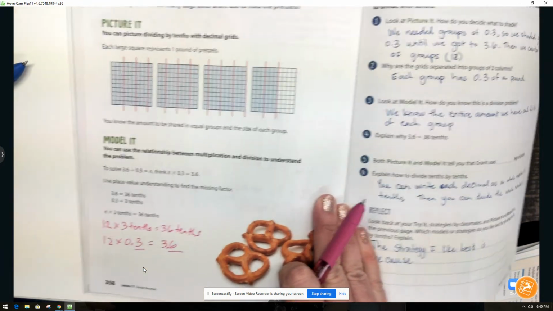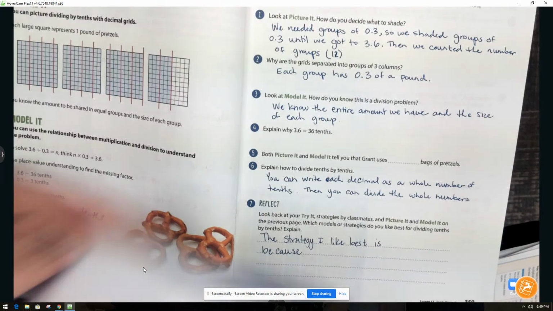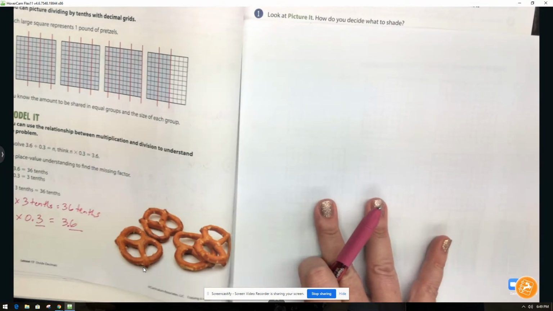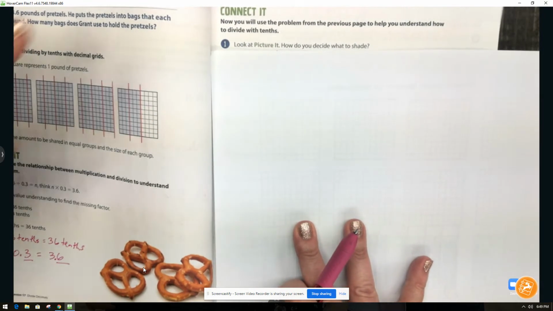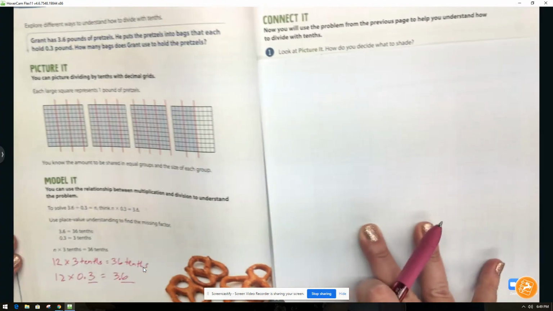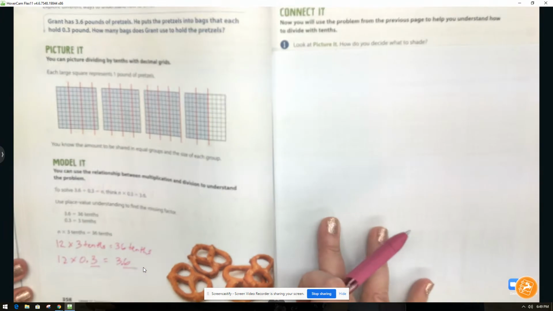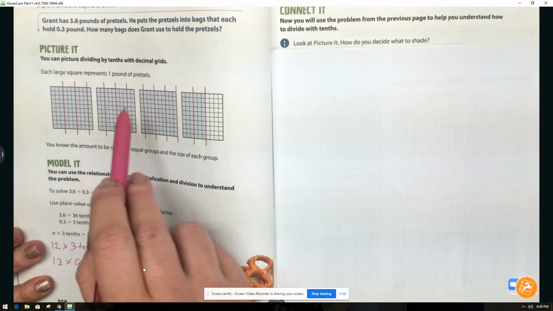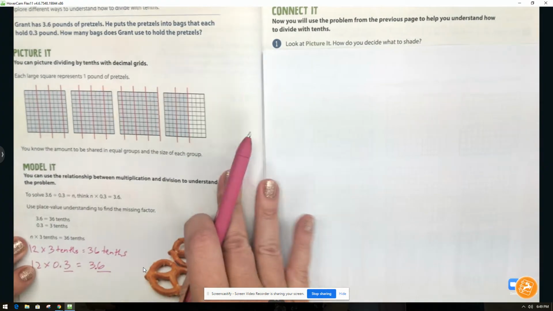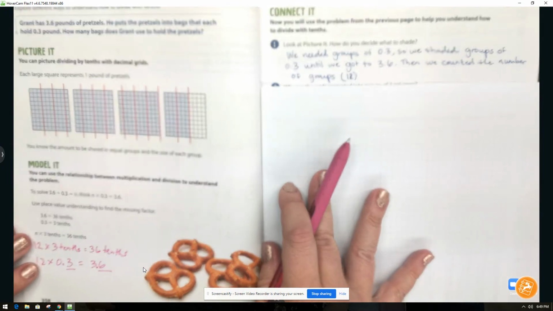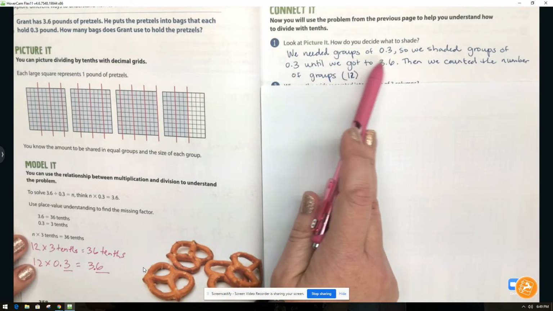Let's go ahead and move over to number 1 on page 359. So looking at the picture, how do you decide what to shade? How do we know what we're shading in this case in blue? So we know that we needed groups of 3/10.